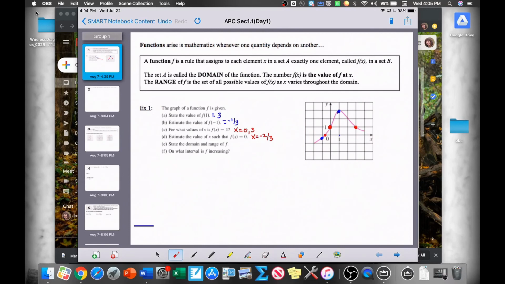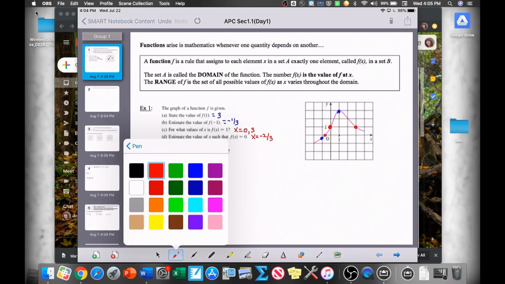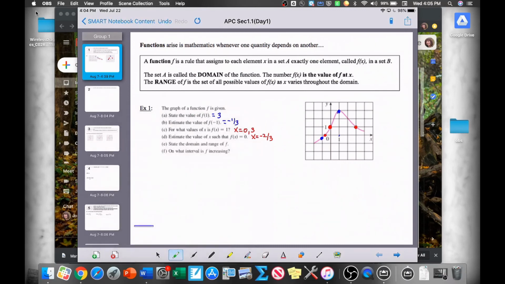State the domain and the range of f. Our domain is where our function lives along the x-axis. If we strictly look from left to right, our function lives from here to here. On the x-axis, that would be from negative 2 up to positive 4.